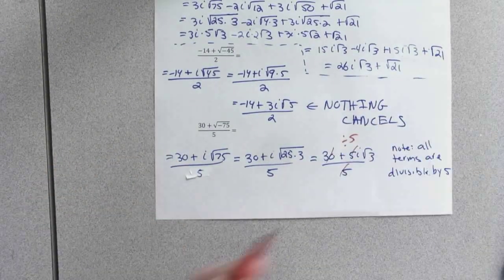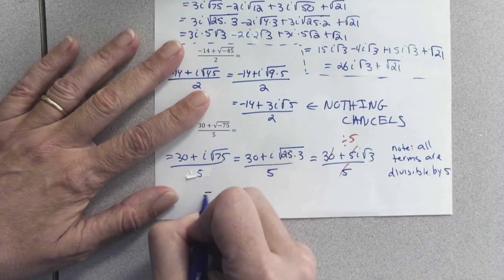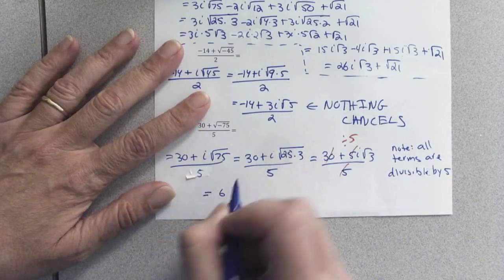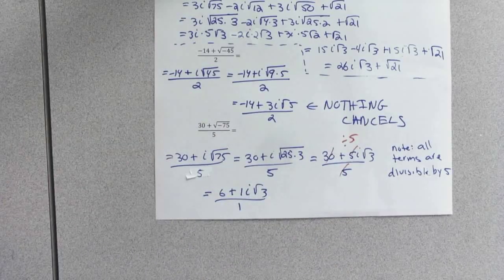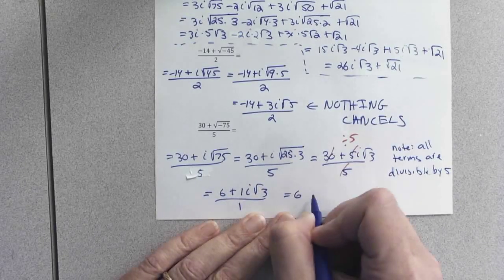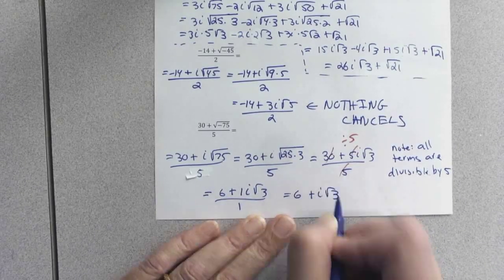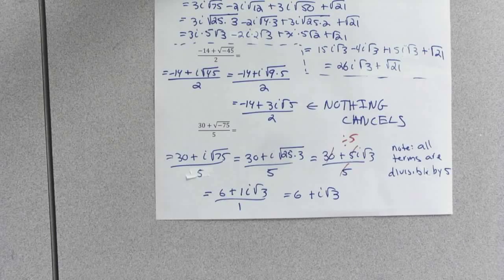Divide by 5. Everybody. And so very explicitly, I'm going to get 6 plus 1i square root of 3 over 1, being very, very explicit. But you do not have to write coefficients of 1. You do not have to write denominators of 1. So this is 6 plus i square root of 3.